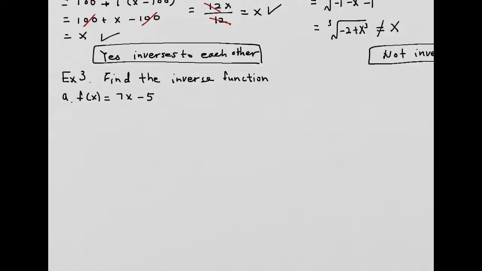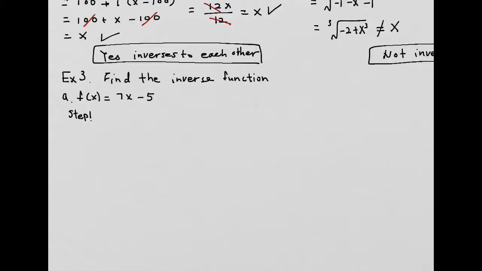Example 3, now we're going to try to find the inverse function. The given function is f of x equals 7x minus 5. Remember we mentioned that in order to have an inverse function, it has to be a one-to-one function. So step 1, we need to make sure the given function is one-to-one.